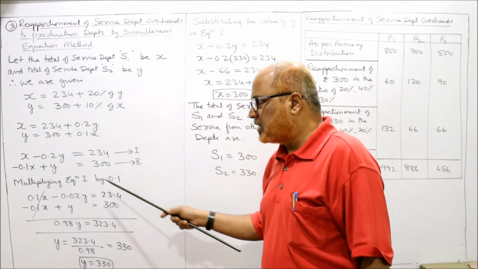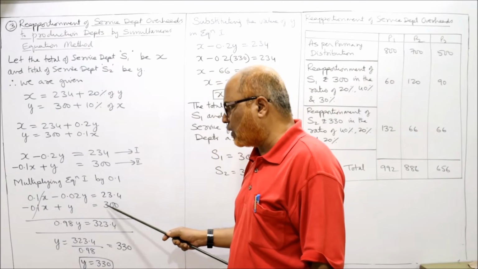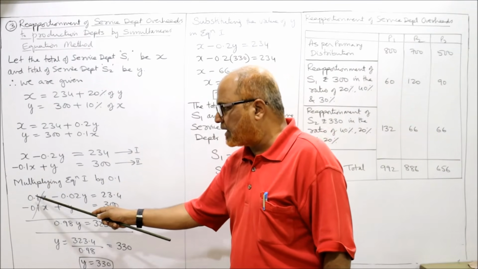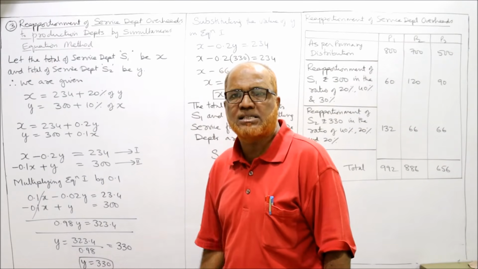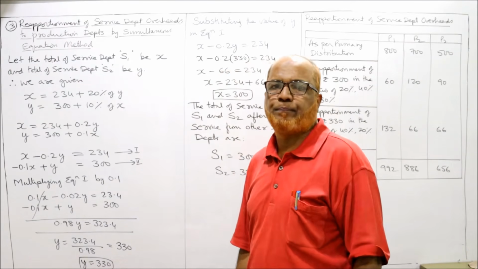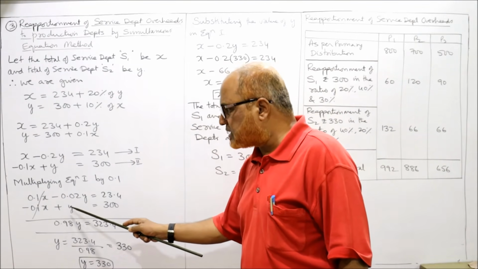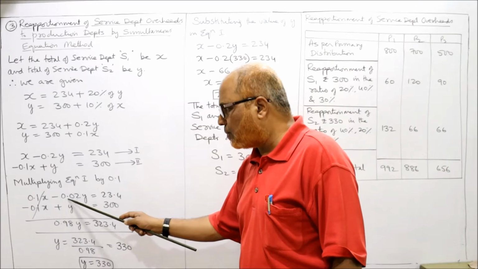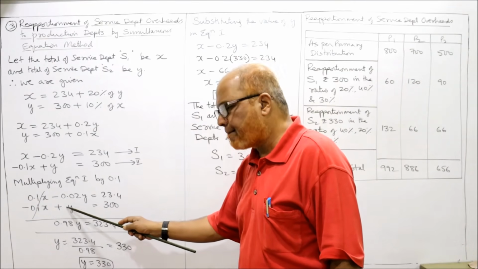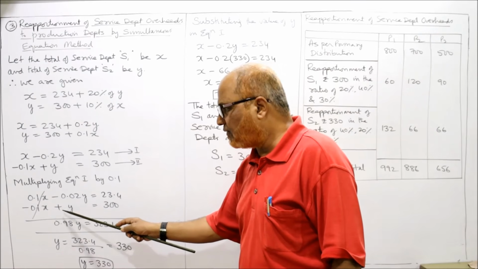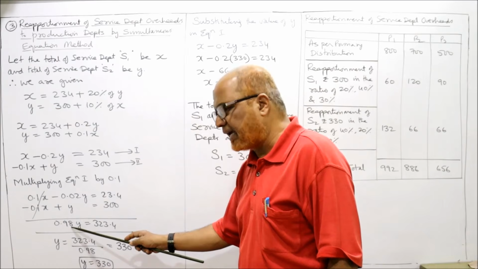I got this value. Second equation as it is: minus 0.1x plus y is equal to 300. Now plus 0.1x minus 0.1x automatically get cancelled without changing the sign. So minus 0.02y plus y, y का मतलब 1y, so 1 minus 0.02 you will get 0.98.